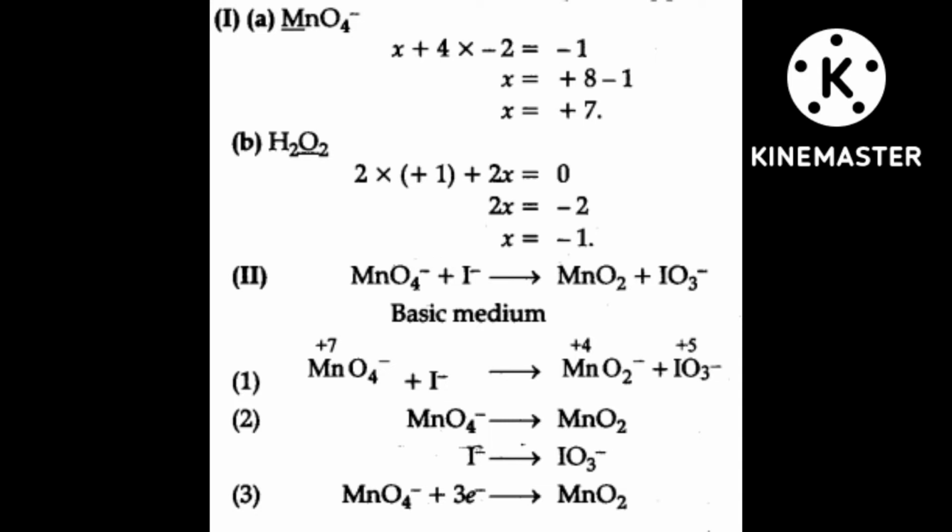In the period, lithium, beryllium, and then 13 to 17, that is boron to fluorine, differ in many respects. This is a very important question I am discussing. These elements in the periodic table, starting from lithium, beryllium in s-block, and then 13 to 17, meaning boron to fluorine, differ in many respects from the other members of their respective groups.